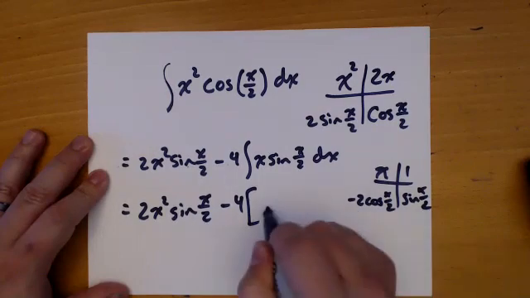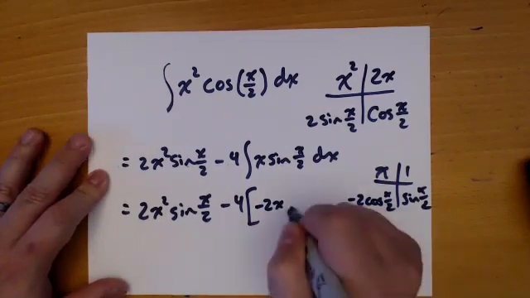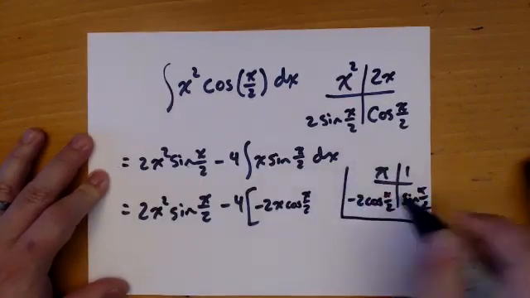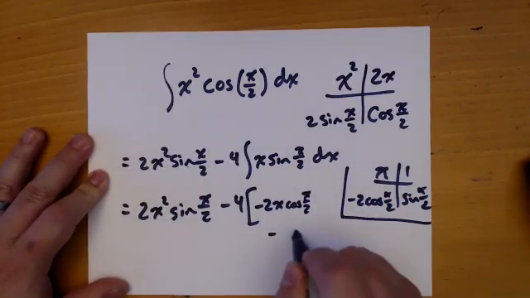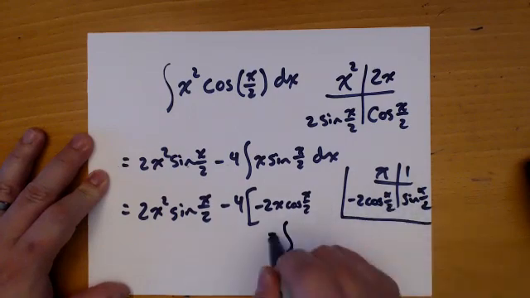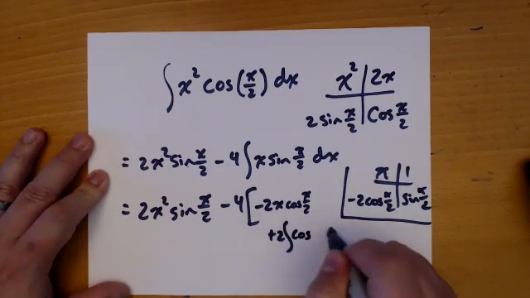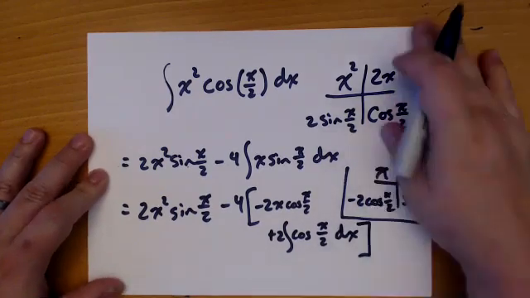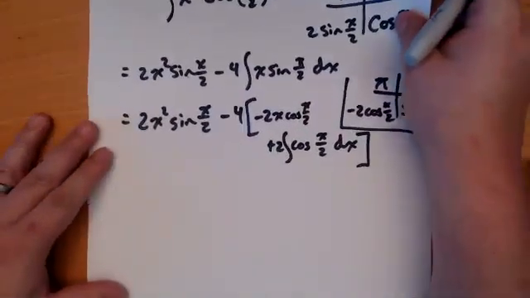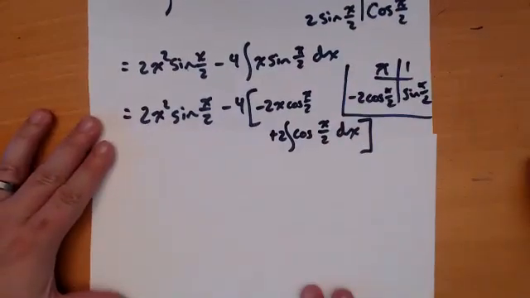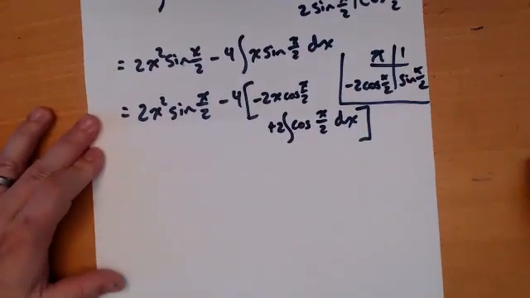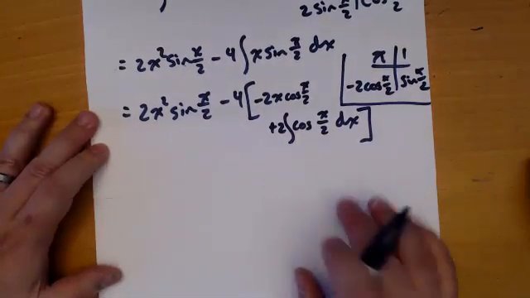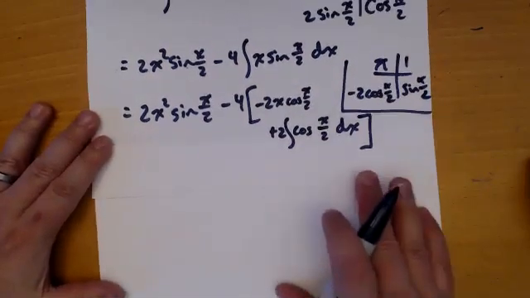So now I have negative 2x cosine x over 2 minus the integral of negative 2. And do yourself a favor, don't deal with all these constants in the middle steps. It's a great way to blow it up.